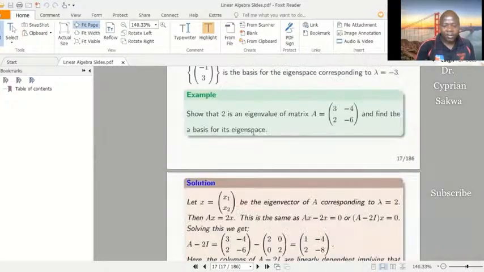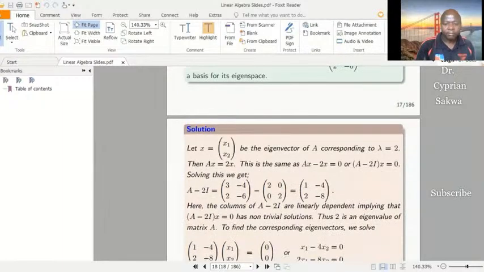Finding the basis of the eigenspace of this matrix is also very important. We shall know what it is through this example. What is the question?